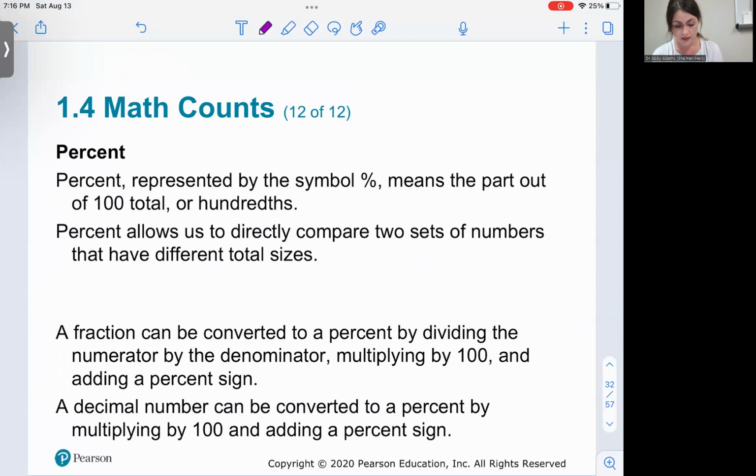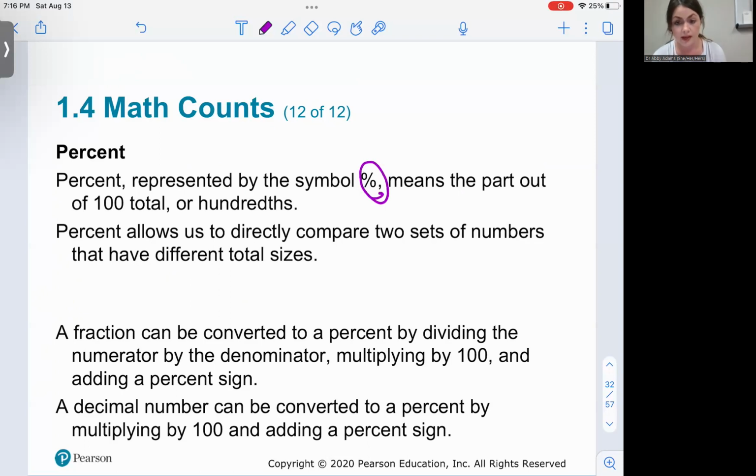Okay, percents. You're probably familiar with hearing about percentages, like a 50% sale on strawberry Frosties because they're new and they want people to buy more and try it out. So 50% of what? The total price, 100% of the regular price, 50% of that. So percent is represented by the percent symbol here.